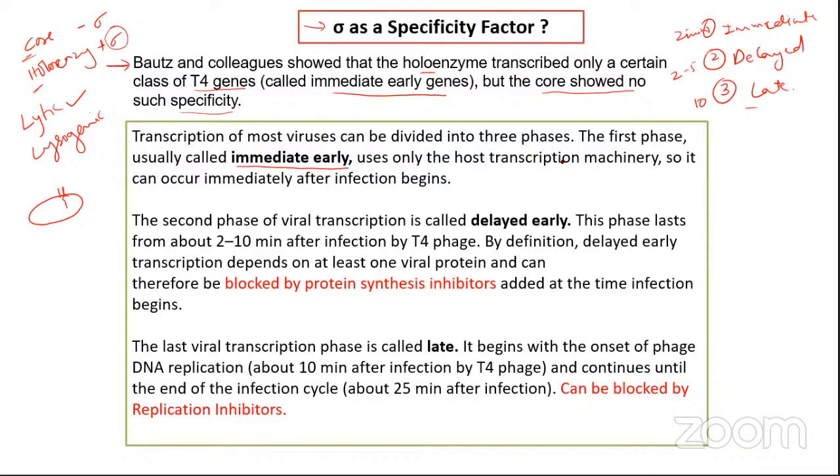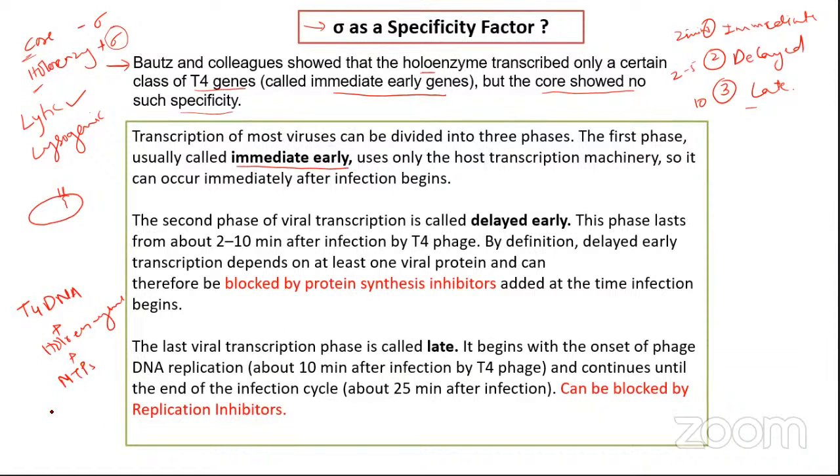You give isolated T4 DNA only, mix it with holoenzyme, and give it all the raw materials needed for RNA synthesis. Is it fine? This is one reaction.